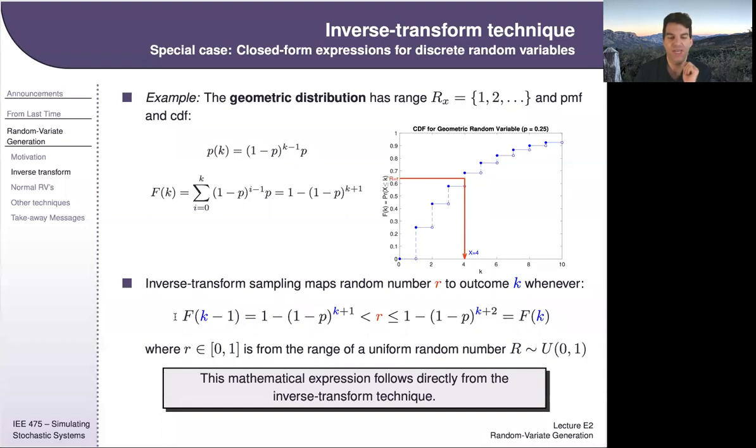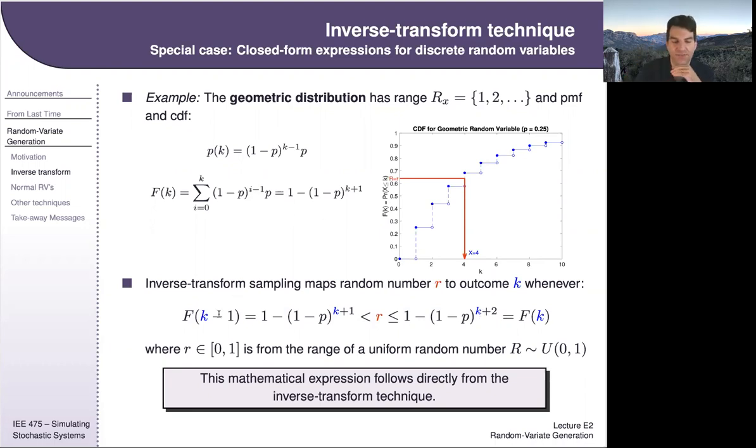And so you can write a nice little inequality here that says that there is some outcome level K and some outcome level K plus 1 that have cumulative probabilities that will sandwich my random variable, my random number that I drew.